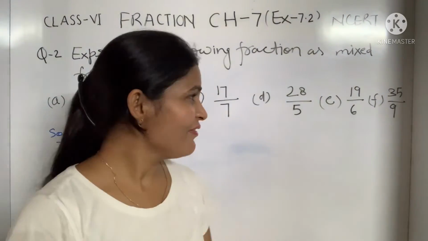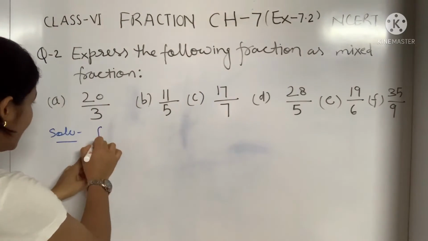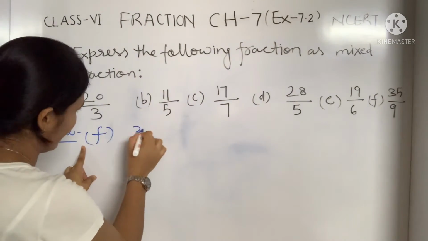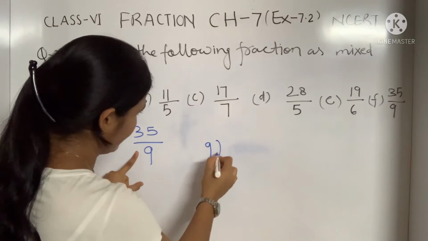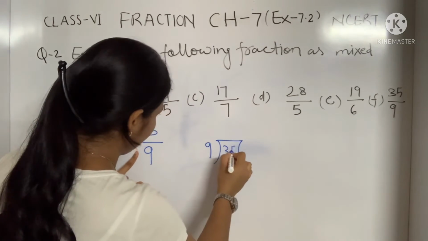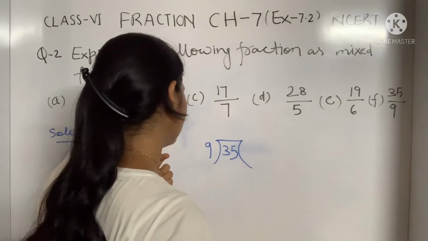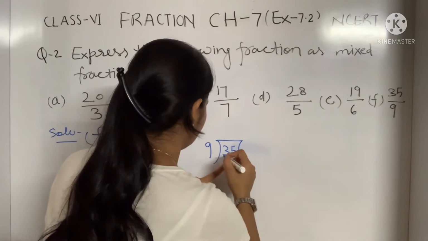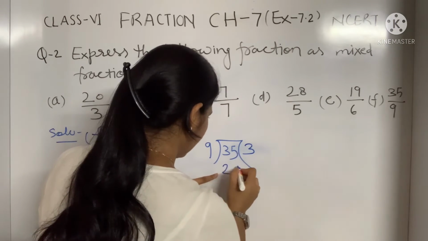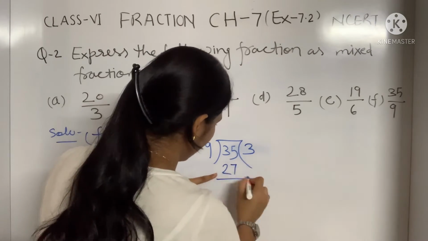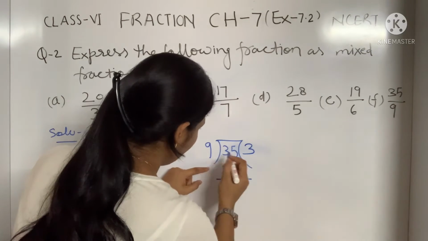This is part F. Part F is 35 upon 9. Now solve it. 35 divided by 9. Let's read the table of 9. 9 3s are 27. We take 3 because with 4 times it would become larger. So 9 3s are 27.